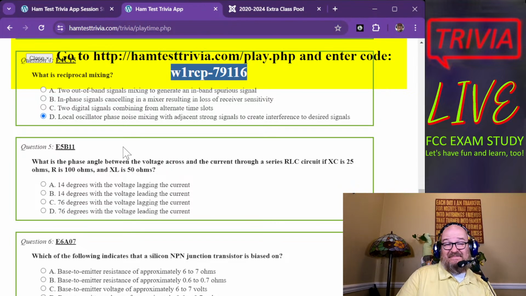I tell you what, I'm going to go, it's an RLC, and that's Eli. I'm going to say voltage is leading the current, and that is going to be between this one and this one. We got 14 degrees and 76 degrees. I'm going to say B.